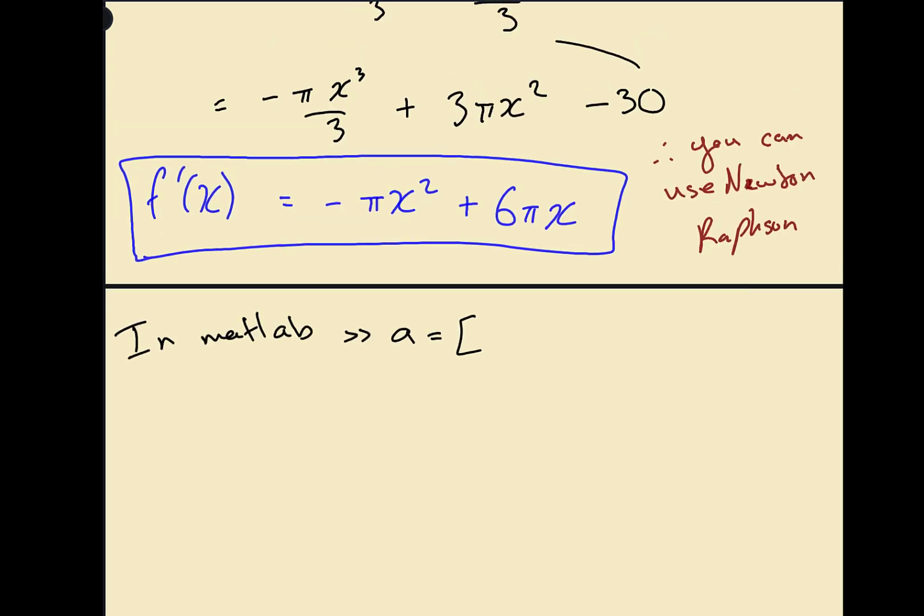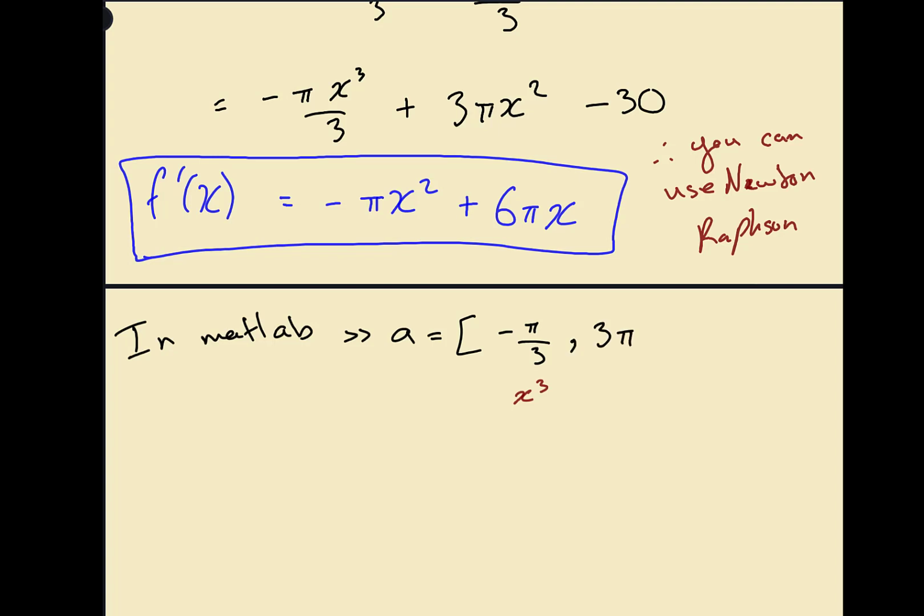So this is my polynomial. So what's the first coefficient? Negative pi divided by 3, right? So this would represent the coefficient of x cubed. What's the next one?